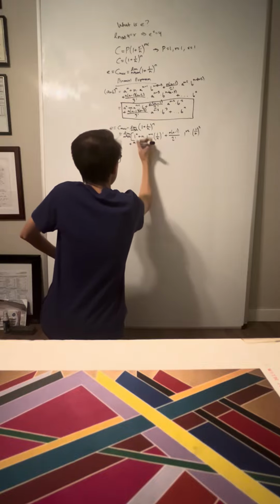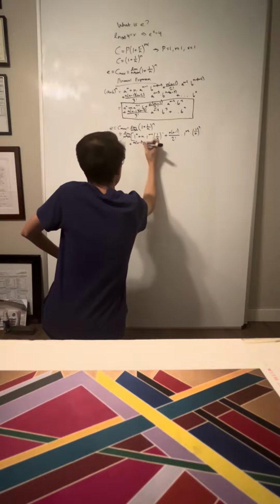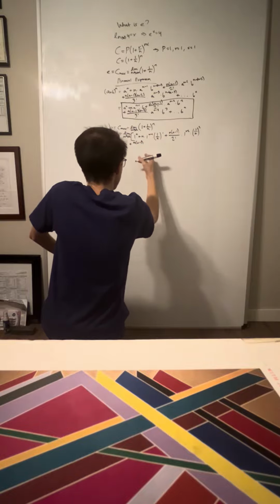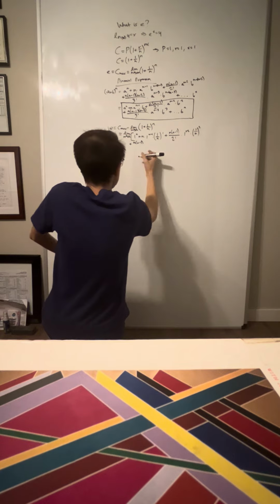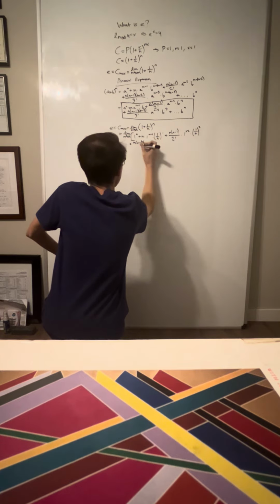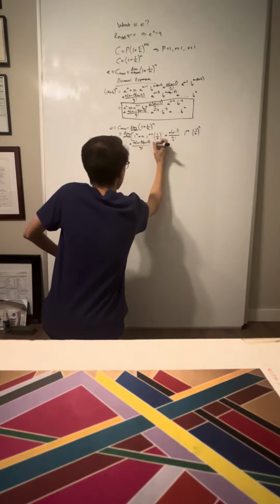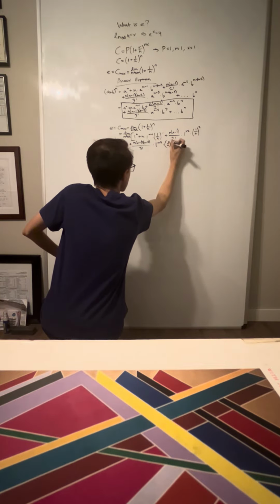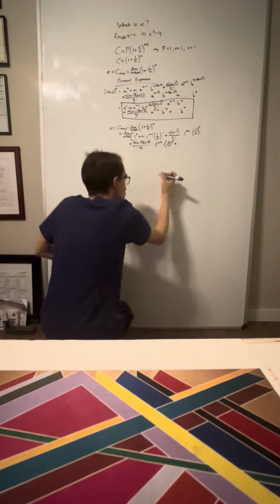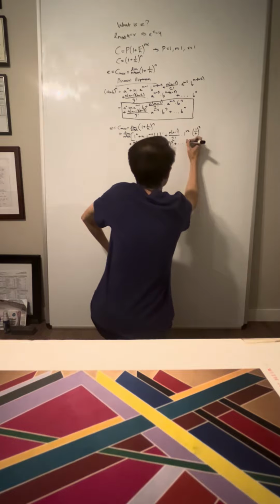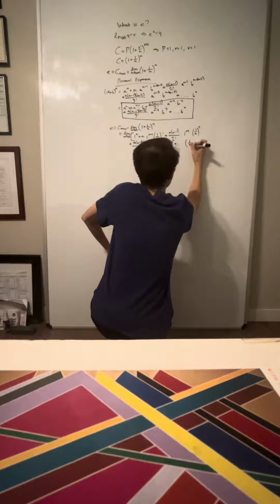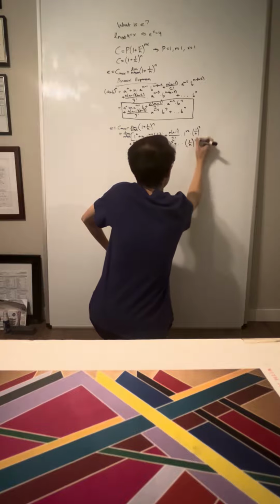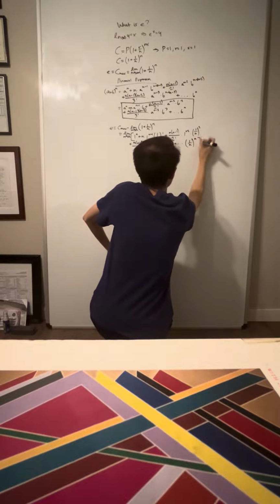I'll write it this way for the sake of just trying to be as consistent as possible. You can see this, so n times n minus 1 times n minus 2 over 3 factorial times 1 to the n minus 3 times 1 over n to the third plus dot dot dot. This is going to go all the way down to 1 over n to the n.